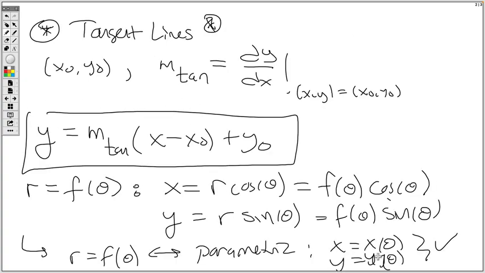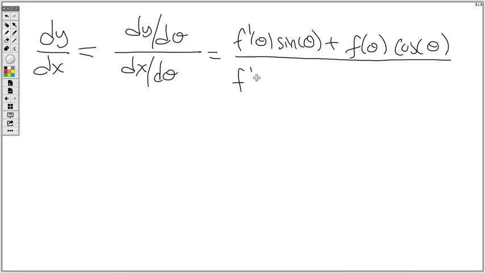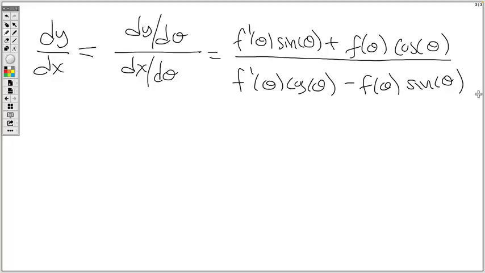And then what would dx/d theta be? It would be f prime of theta cosine of theta minus f of theta sine of theta. And so there it is. So there's the dy/dx slope.